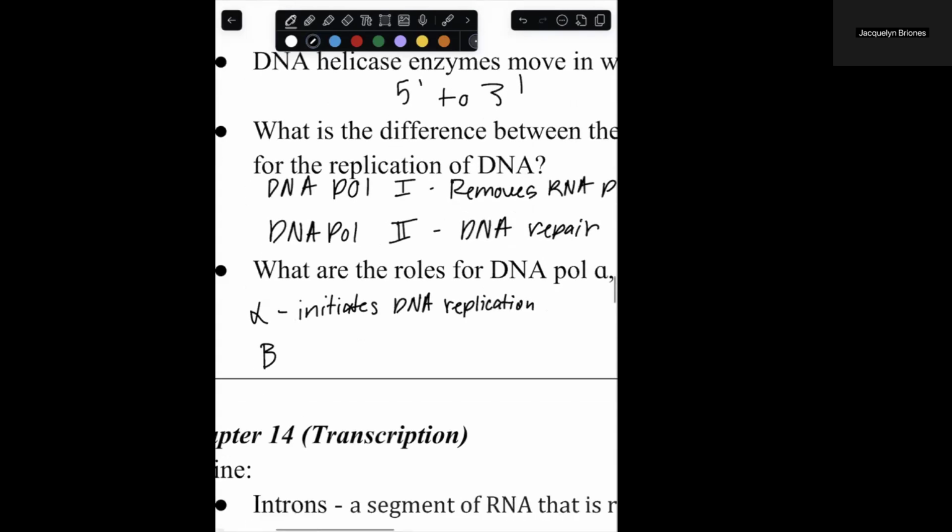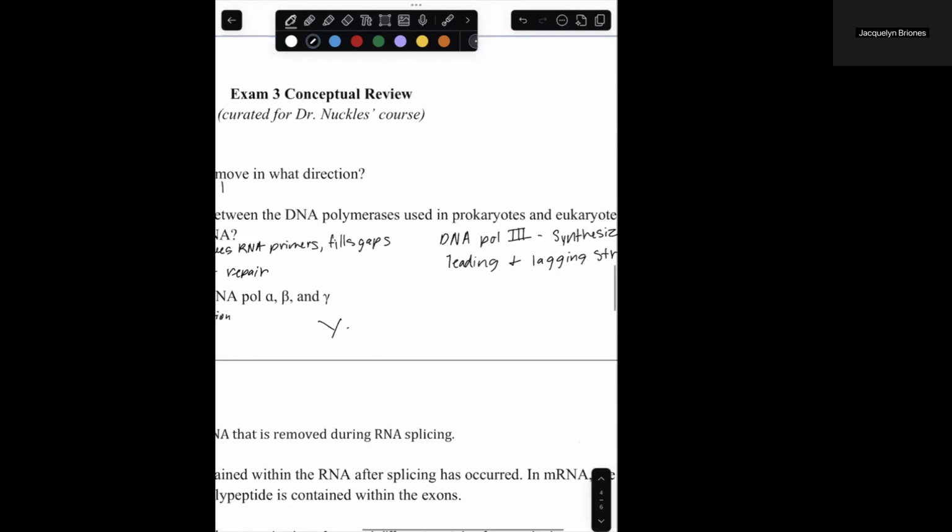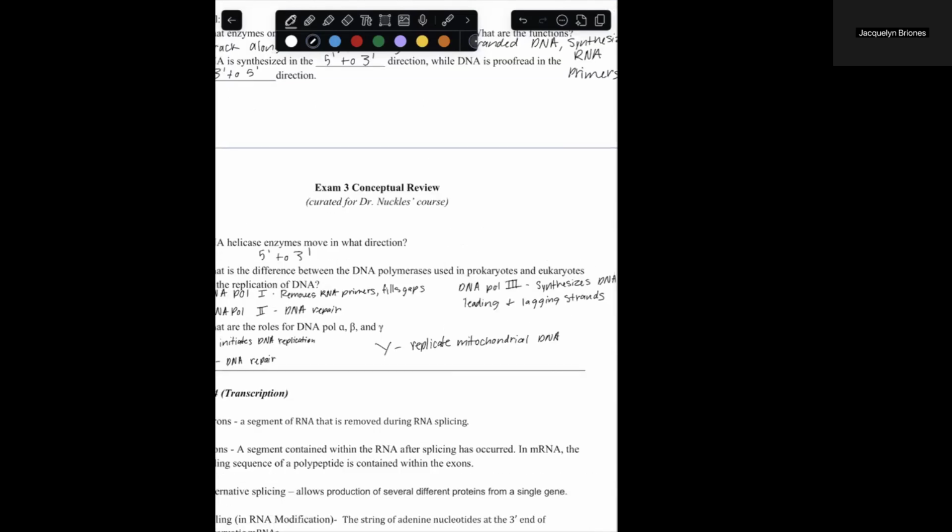Beta plays a role in DNA repair. And gamma helps replicate mitochondrial DNA.